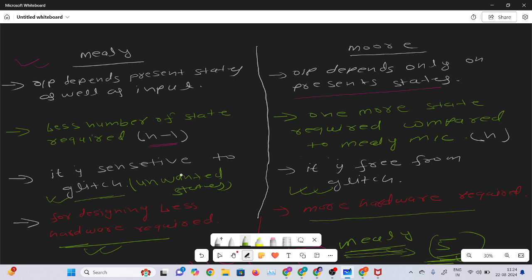So these are the four differences. First, Mealy output depends upon the present state and input, but Moore output depends only on the present state. Second, the Mealy machine requires fewer states, while the Moore machine requires one more state.